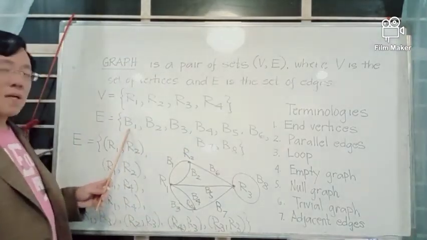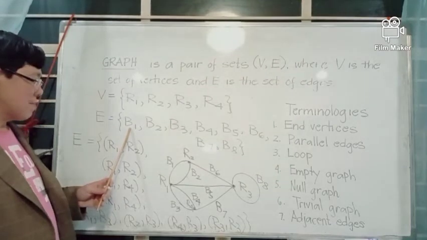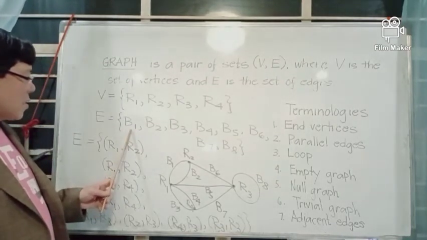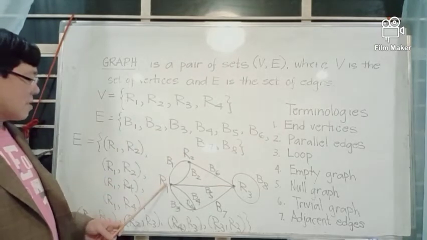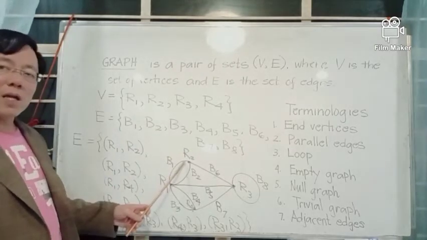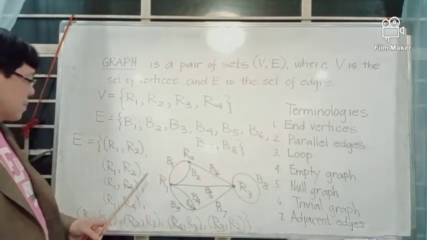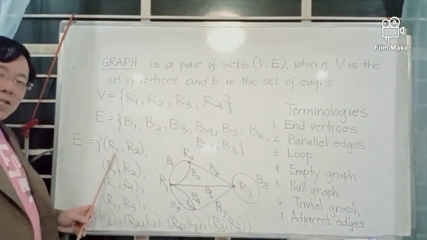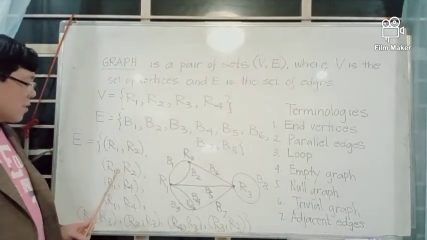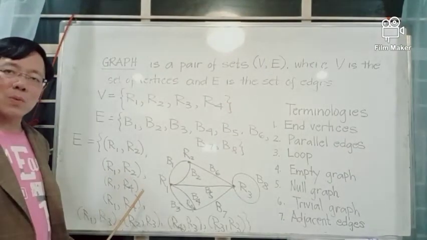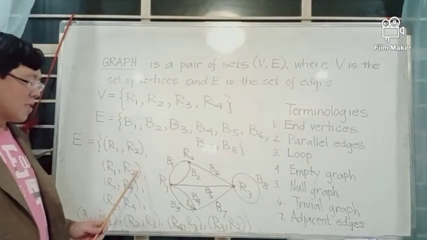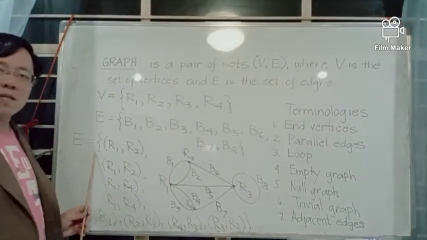For instance, the edge B1 connects the vertices R1 and R2. So the edge through vertices R1 and R2 has multiplicity 2 because this pair R1 and R2 appears twice in the set of edges.